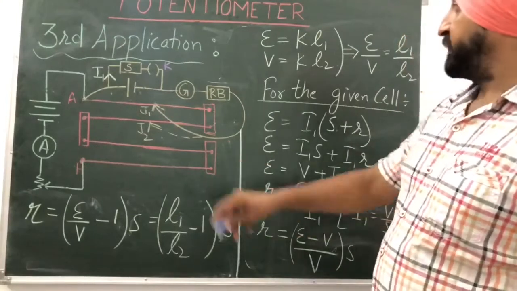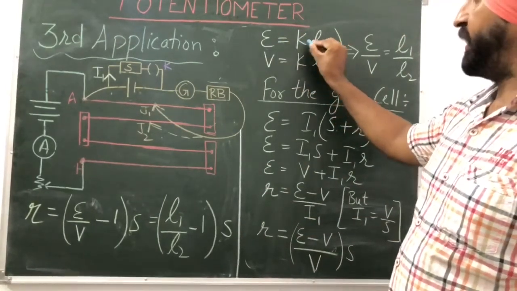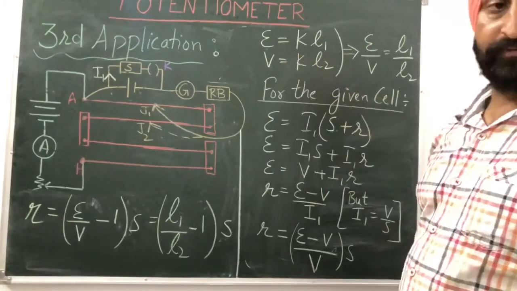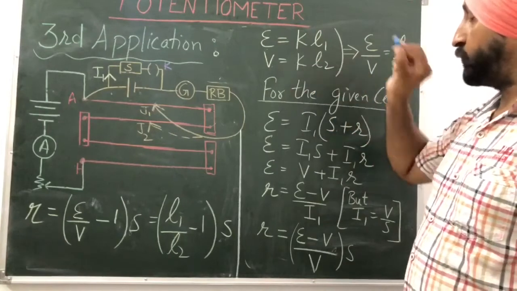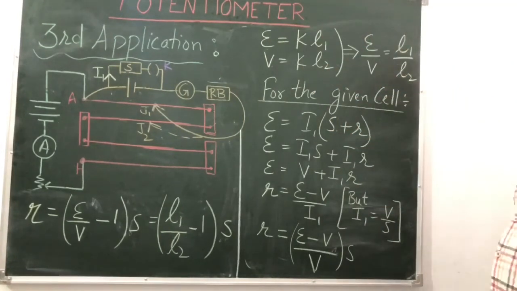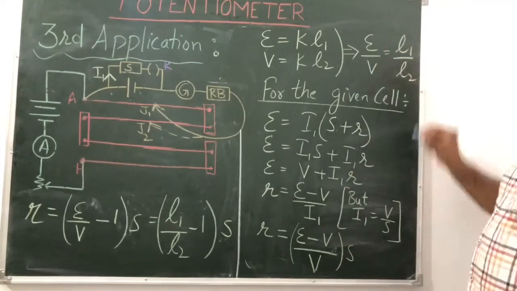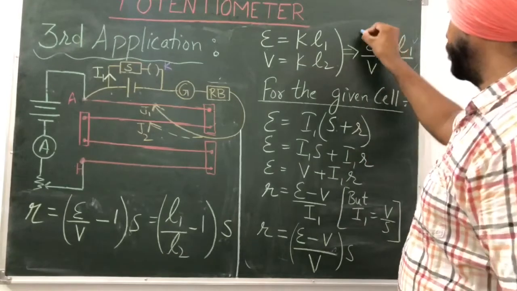So now as we have got these two equations, EMF E is equal to K into L1 and potential difference or terminal potential V is equal to K into L2, by dividing these two equations, what we are going to get is E by V is equal to L1 by L2.